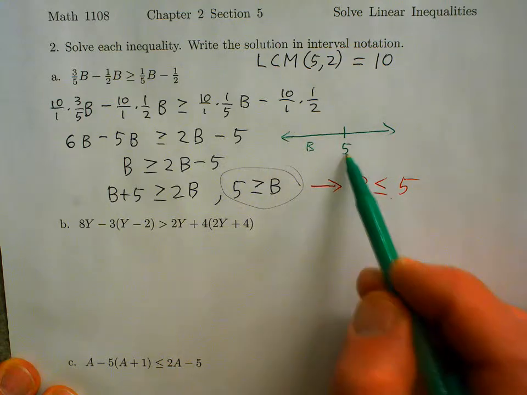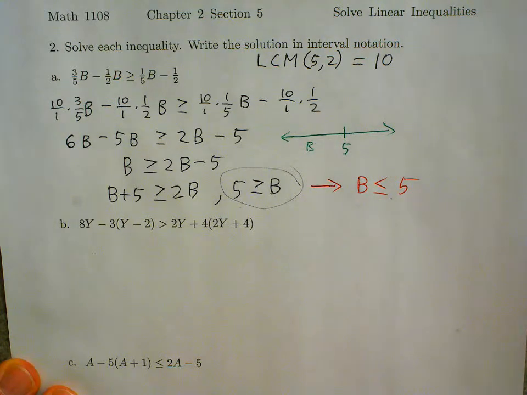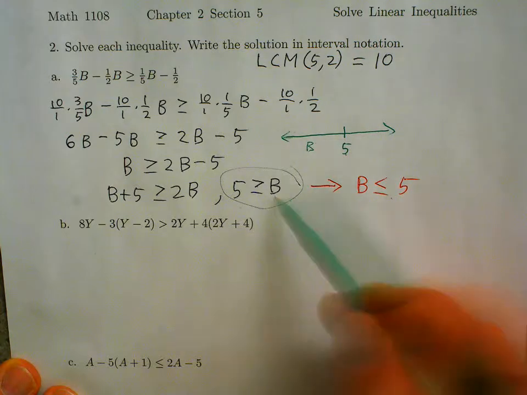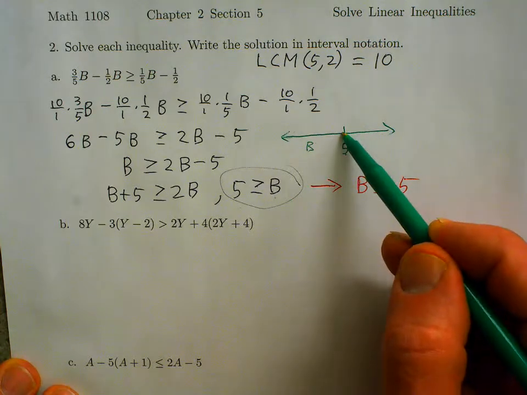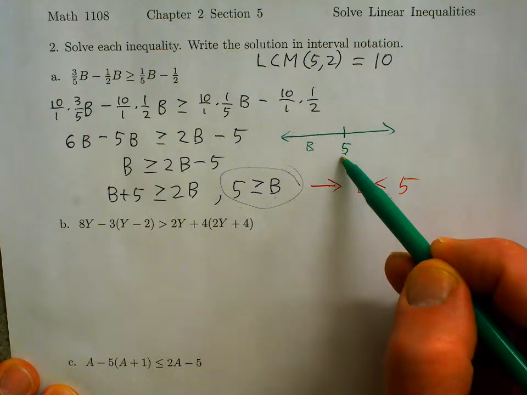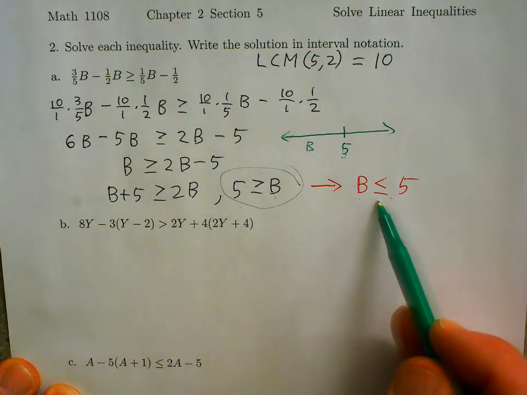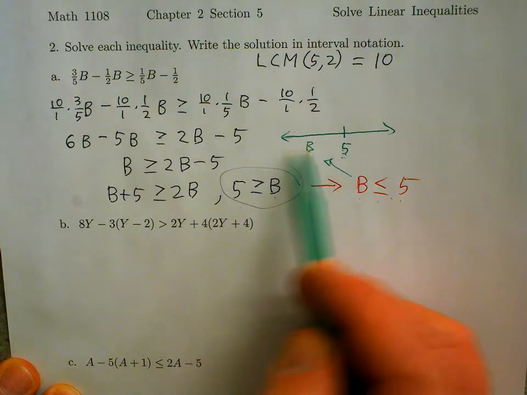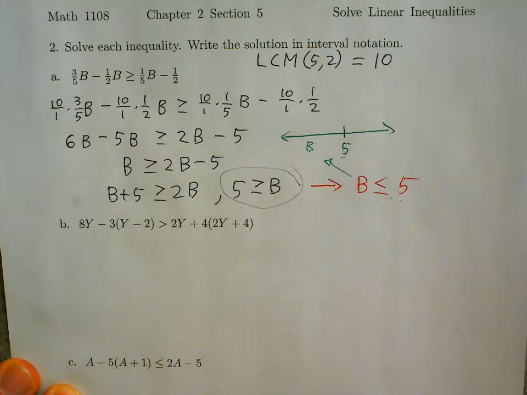Or it could be 5. That make sense? Because 5 is greater than or equal to b, 5 has to be to the right of b or possibly at 5 itself. And then b is less than or equal to 5 means the same thing. b is to the left of 5. Still any confusion about that?